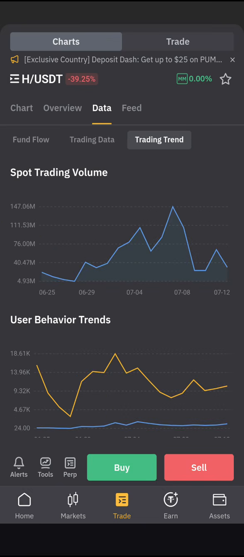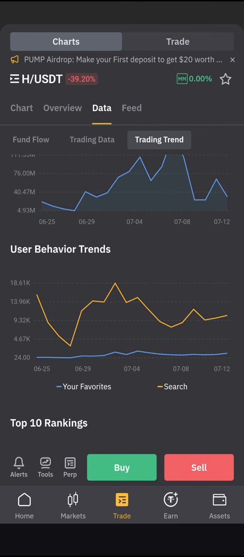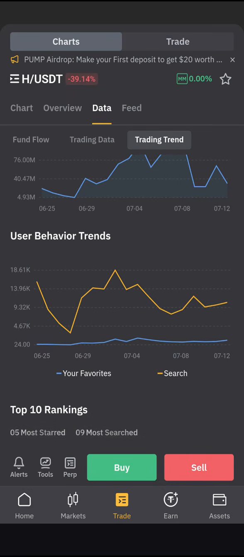Look also at the trading trend, the spot trading volume. You can look at this place, the users' behaviors, and lots more. Okay, it's still ranking in the top 10 most searched, you can see.